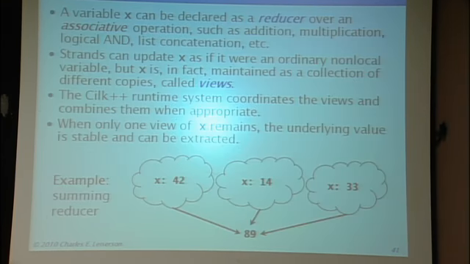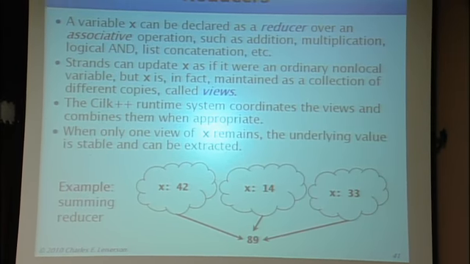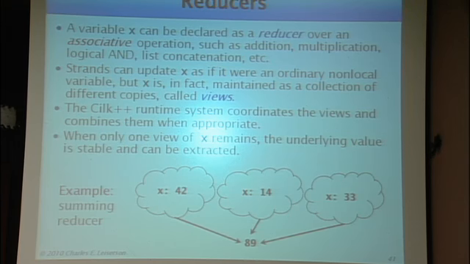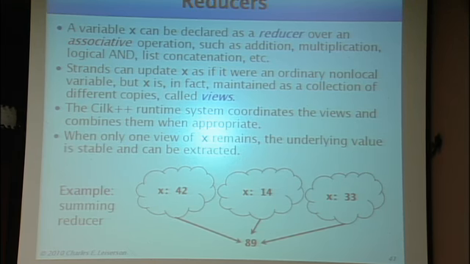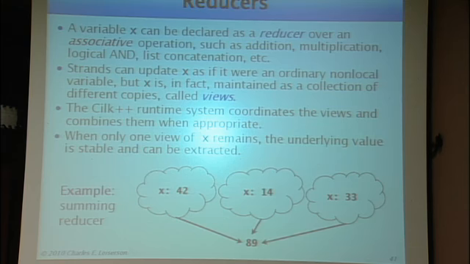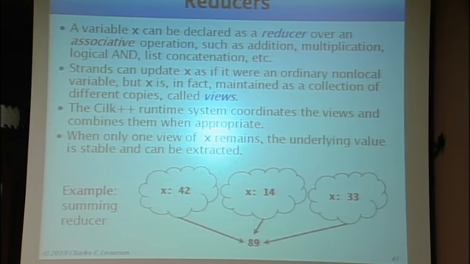So when you declare the variable, you're declaring it as a reducer over some associative operation, such as addition. It only works cleanly if your operation is associative. And there are a lot of associative operations: addition, multiplication, logical and, list concatenation.